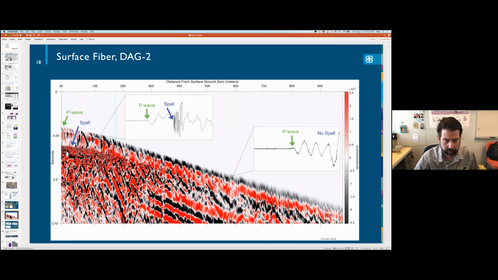So this is the surface recording. On the x-axis, we have from 20 meters to 1 kilometer, and the y-axis is about three-quarters of a second. As you can see, in the green arrow, the P wave coming in. What I want to focus on is this blue arrow, which has a very high frequency signal about 100 milliseconds afterwards that we were interpreting as spall. Spall usually happens when you have an upgoing P wave hit the surface, go back down, and the two tensile portions of the wave meet, overcome the tensile strength of the unit, and then it flies up.